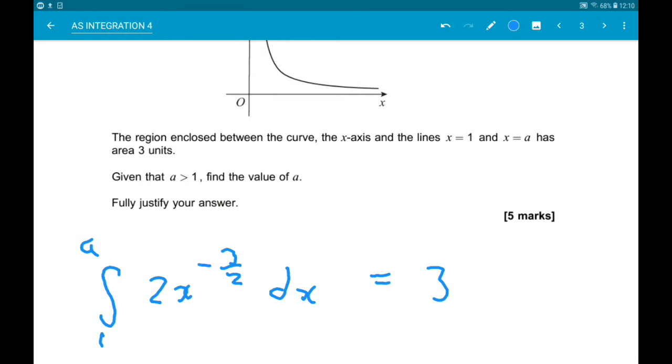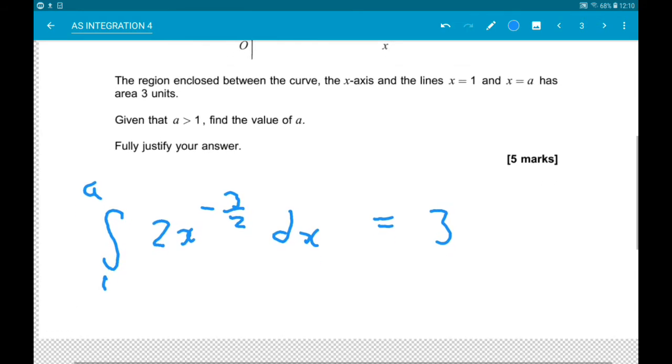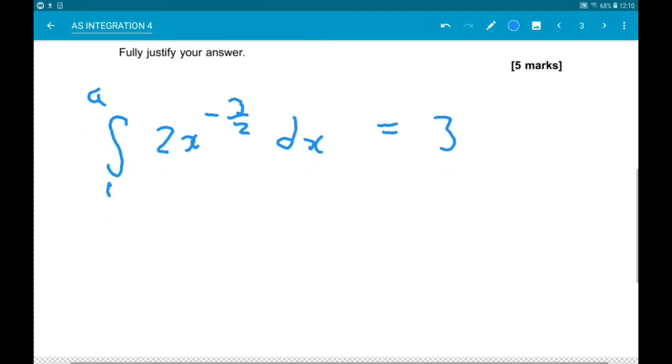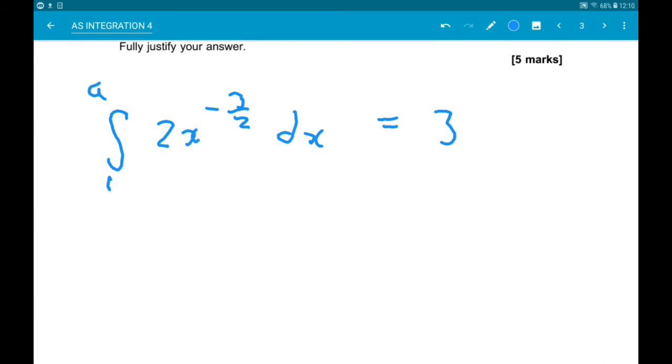Okay, now we're just going to deal with the left hand side. So, x to the minus 3 halves integrates up to x to the minus 1 half.